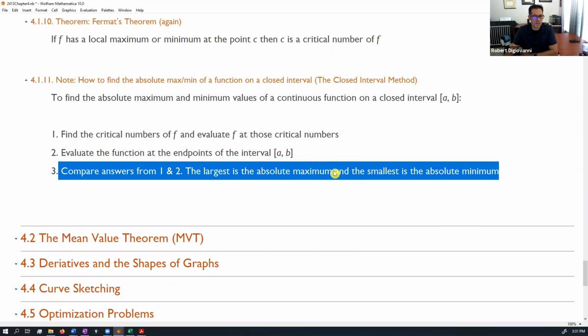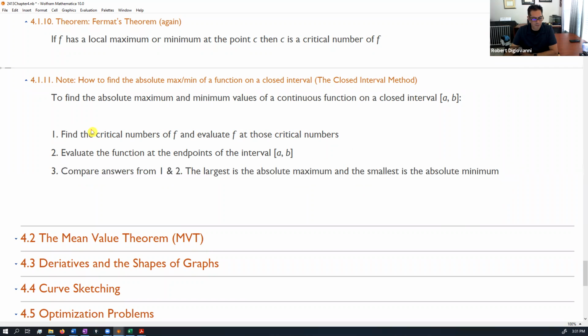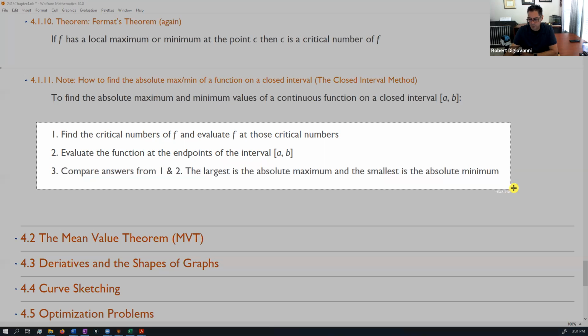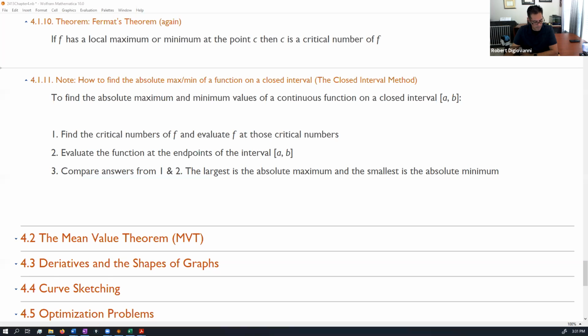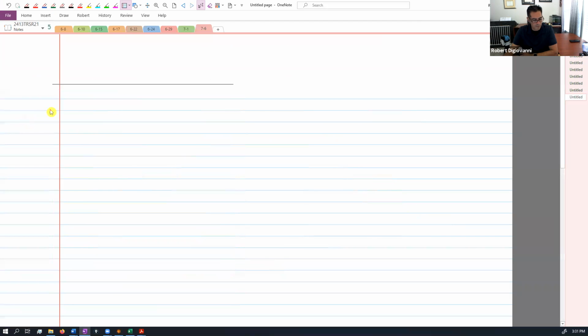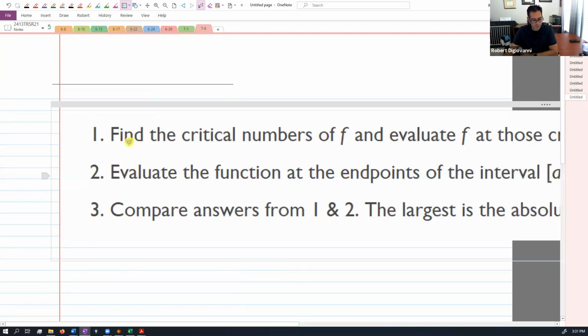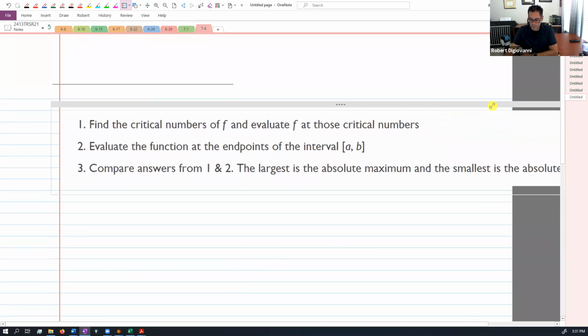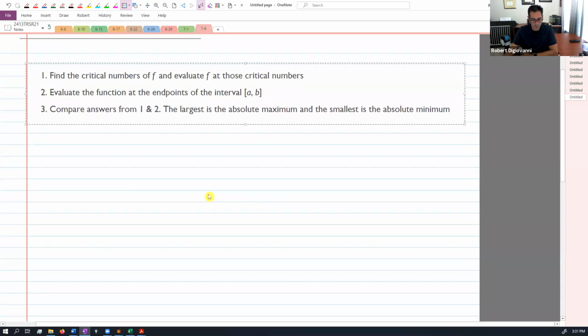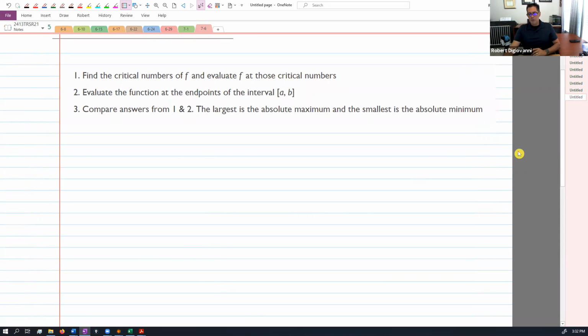So let's do an example. I'll copy it so we can use it. All right, so here we go. I'm going to give you a function.